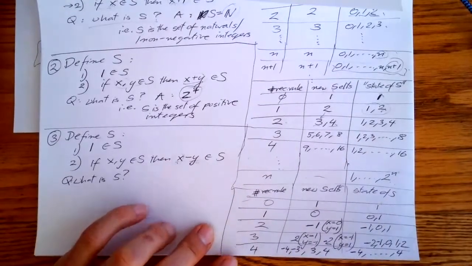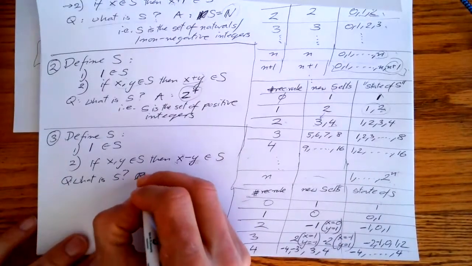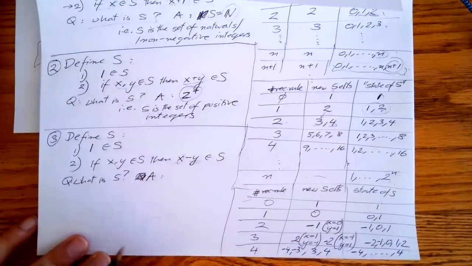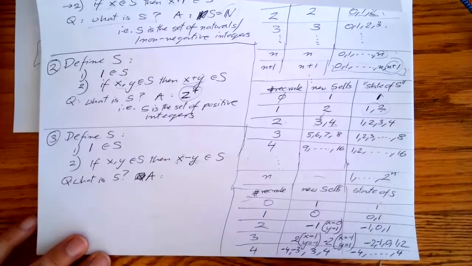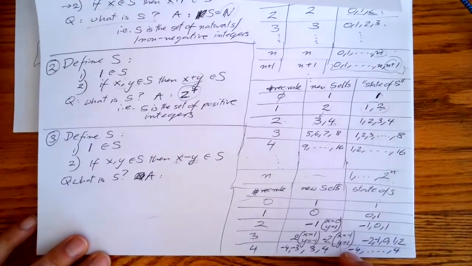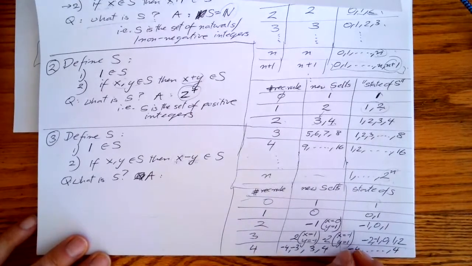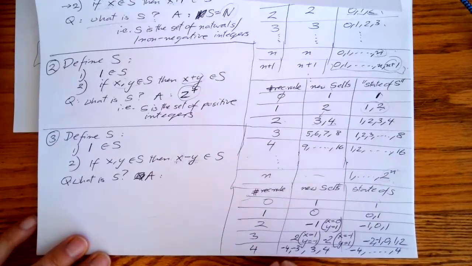Now can you start guessing what the set is going to be? The next time we do it, with the same logic of minimum and maximum, the maximum element you're going to add is 4 minus -4, which is 8. And the minimum is when you take -4 and subtract 4, which gives you -8.